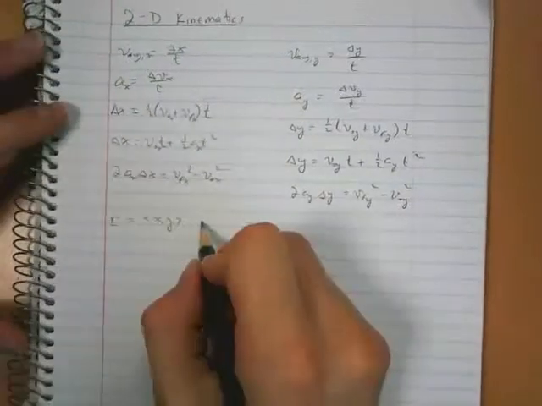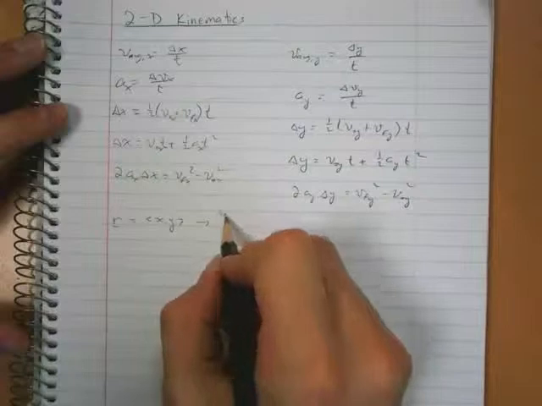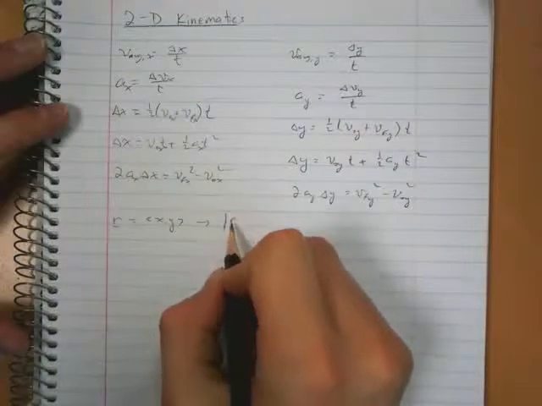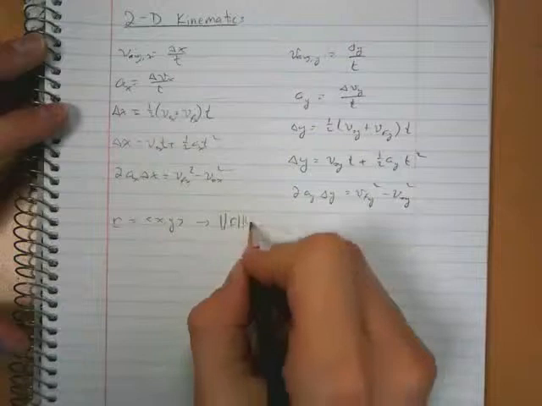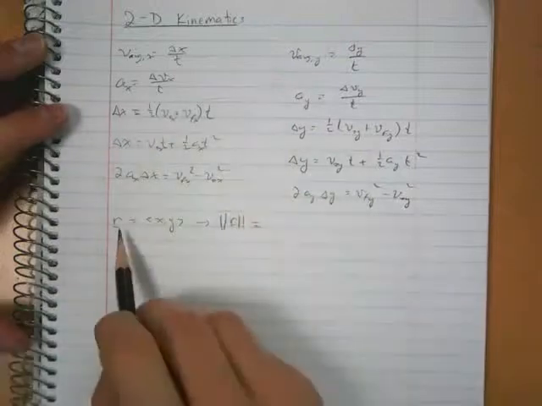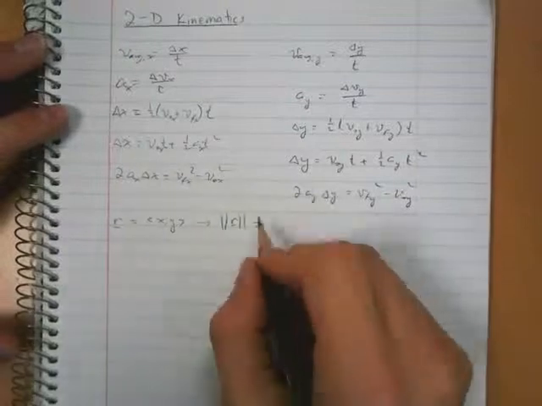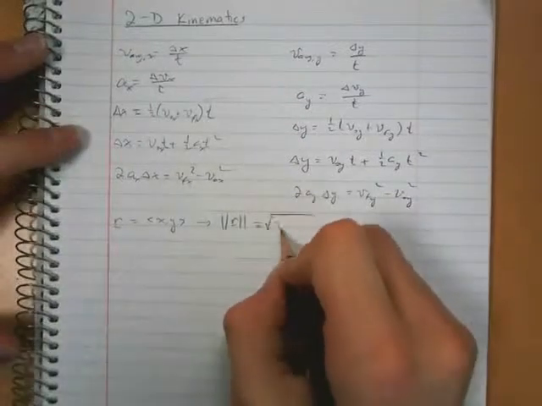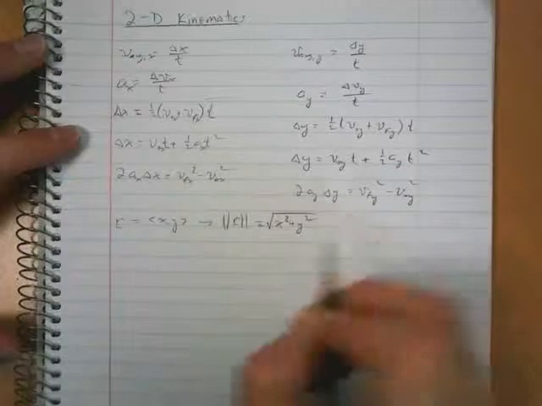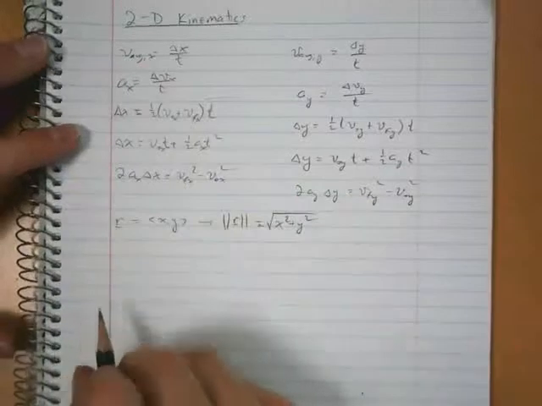then the magnitude of that vector, which you write like this in vector notation, but if I said this vector was velocity, and I am asking you for speed, which is the magnitude of velocity, we use the Pythagorean theorem with the x and y components to find the magnitude of that vector.